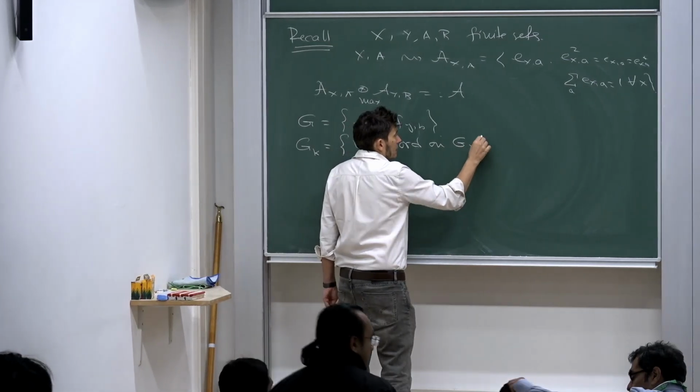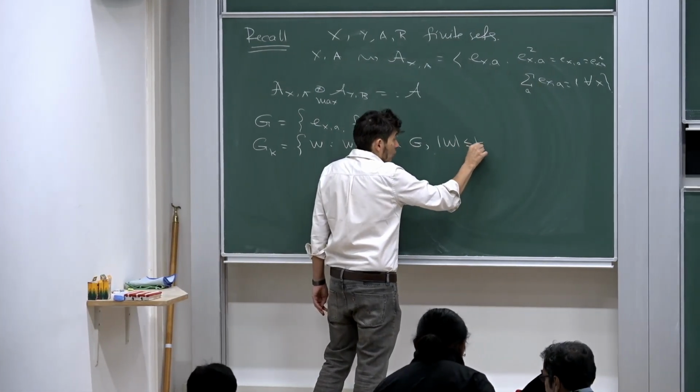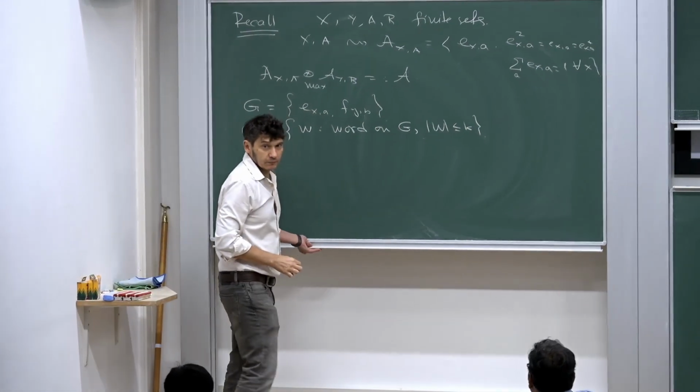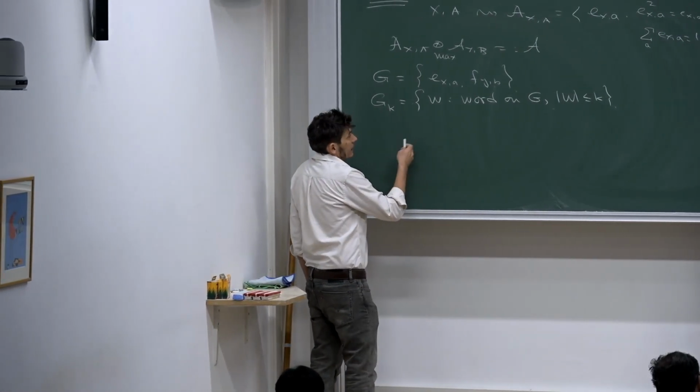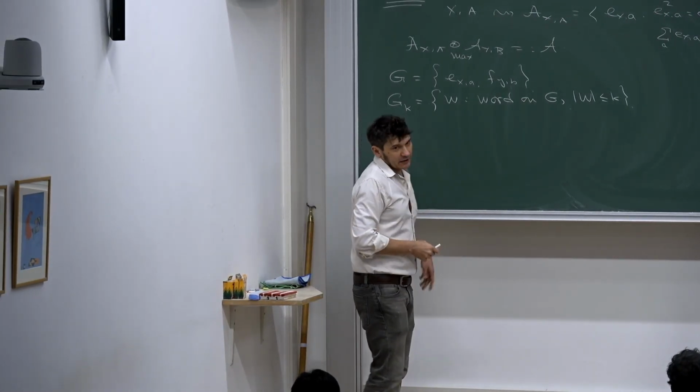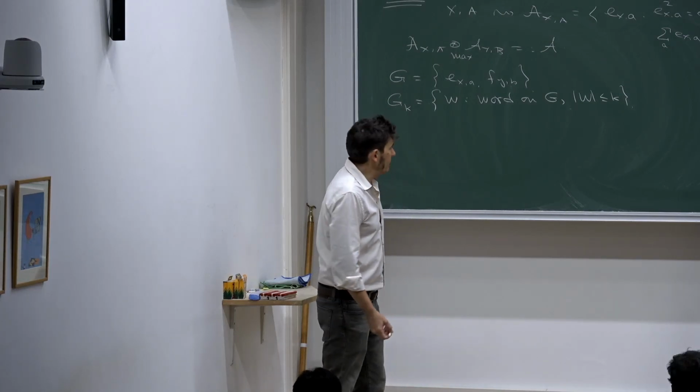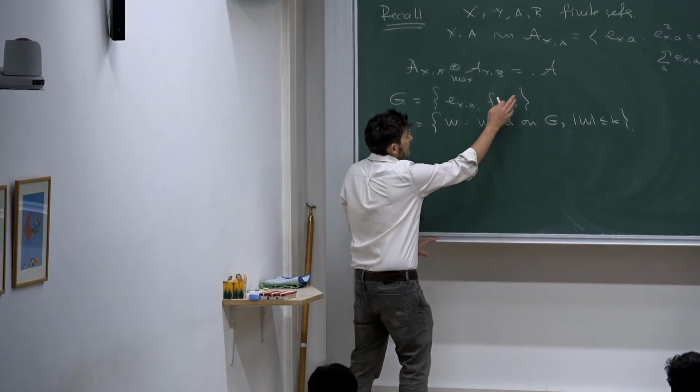The polynomials of degree at most k are just the span of these words, and everything I view inside the C-star algebra A.